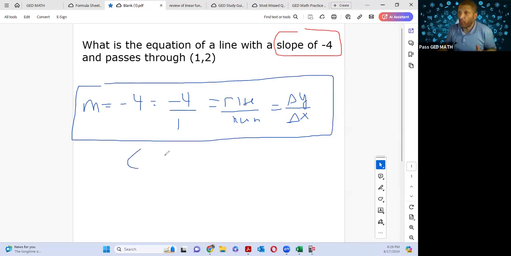If my point is (1, 2), that means my y is going to change by -4 and my x is going to change by +1.